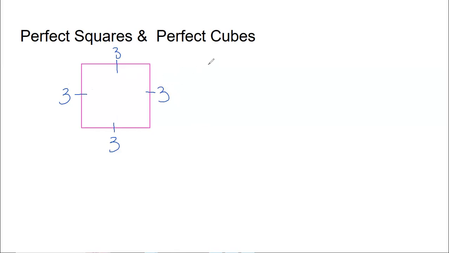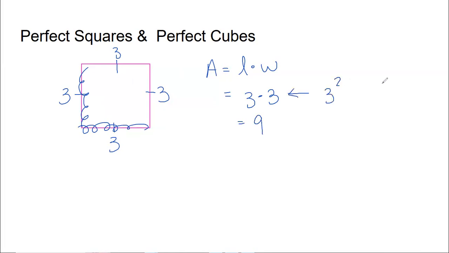When I ask for the area of this square, you would do length times width. Or you could call that base times height. Same difference. That would be 3 times 3, which is 9. But 3 times 3 we could write as 3 squared.